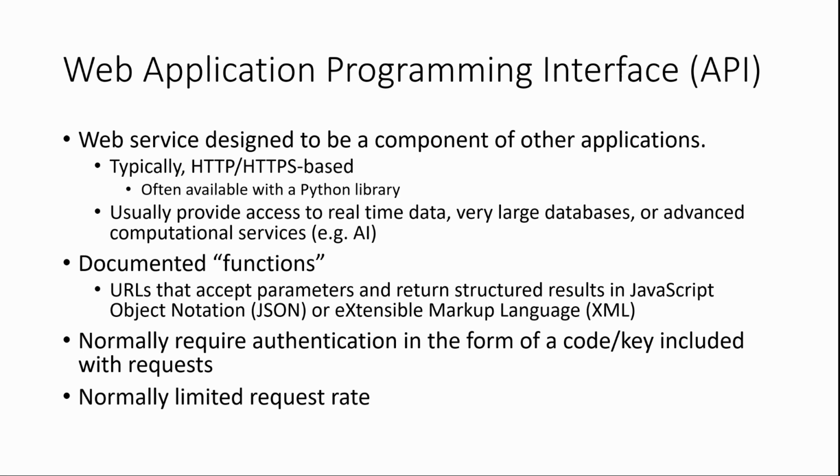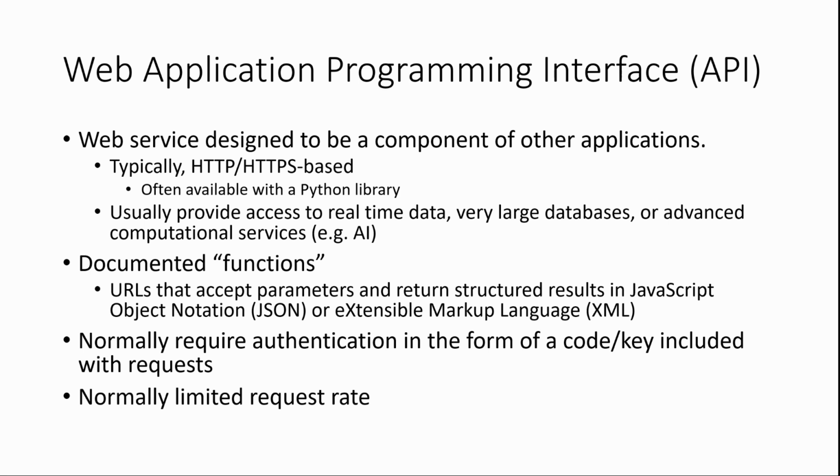The actual API part is the set of functions made available by the service, again through the HTTP protocol. They describe what data needs to be sent and what will be received. Nowadays, what's received is typically structured text in either JavaScript object notation, which is called JSON for short, or extensible markup language, XML.